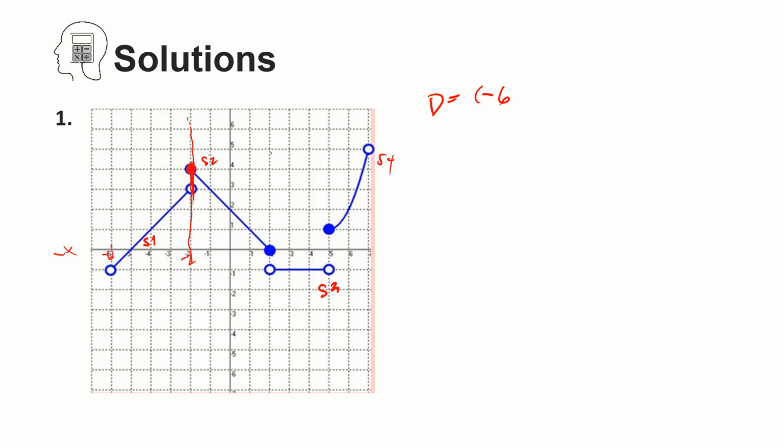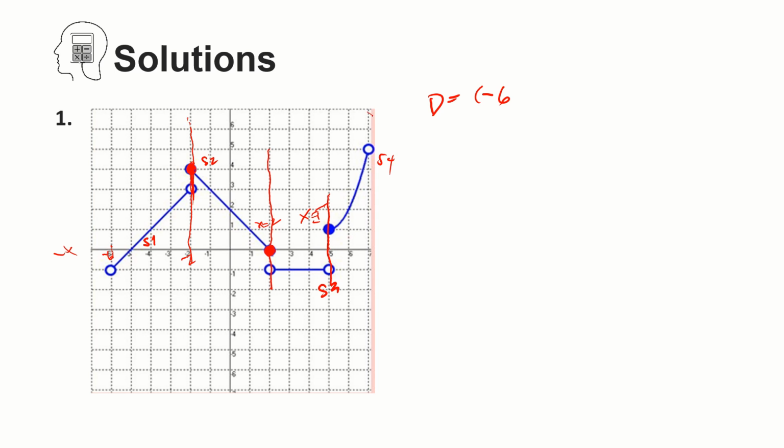If we move now to this section, the same situation happens. They share the same value of x, where x is equal to 2. Since one of them includes 2, therefore 2 is included. And then if we move now to this section, the same situation again for x is equal to 5.